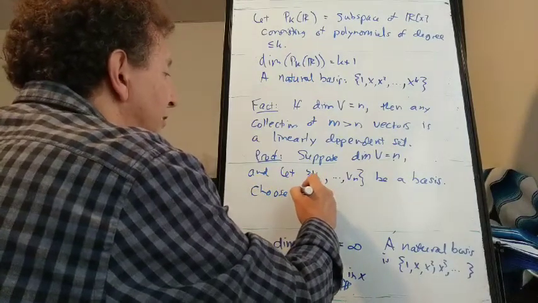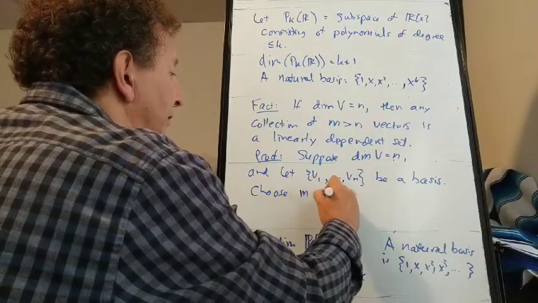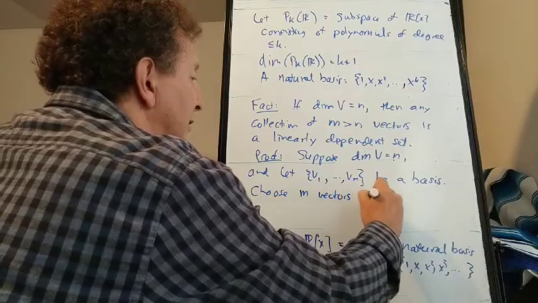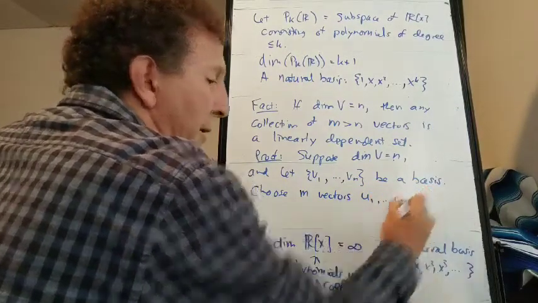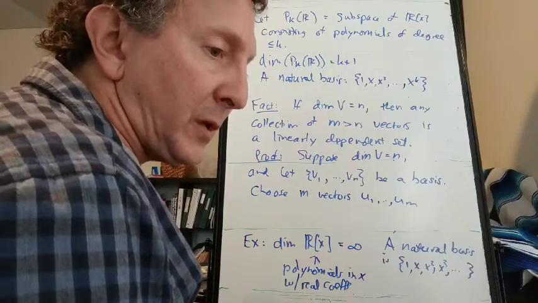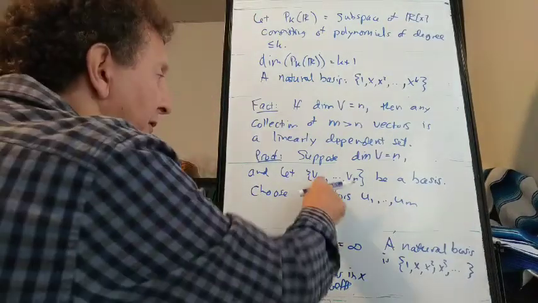Now let's choose m vectors u1 through um and write each in terms of this basis.